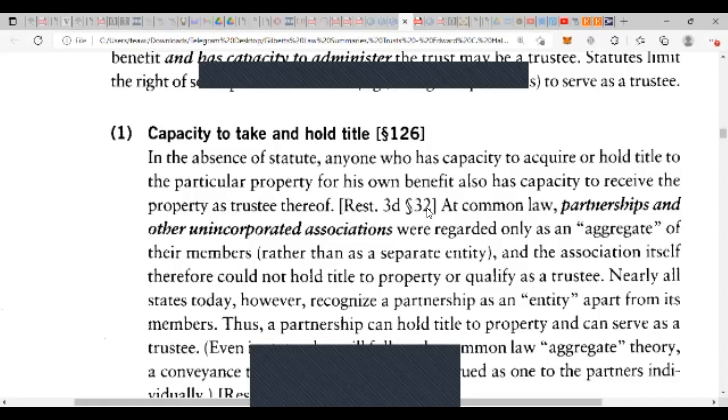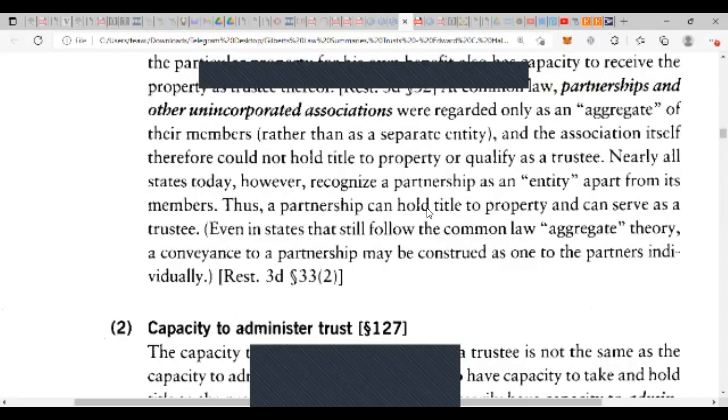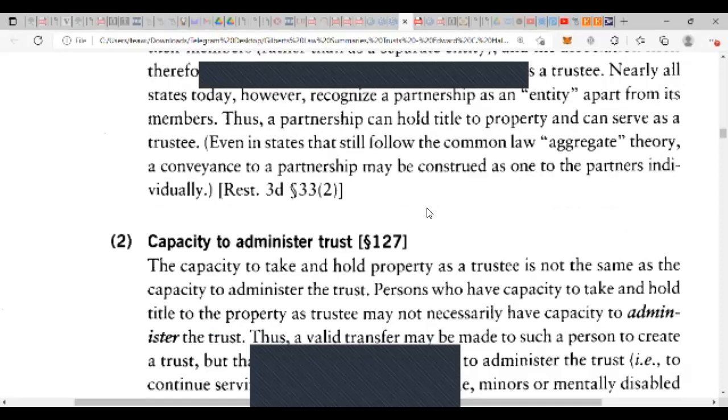Nearly all states today, however, recognize a partnership as an entity apart from its members. Thus, a partnership can hold title to property and can serve as a trustee, even in states that still follow the common law aggregate theory. A conveyance to a partnership may be construed as one to the partners individually. Restatement Third, section 33.